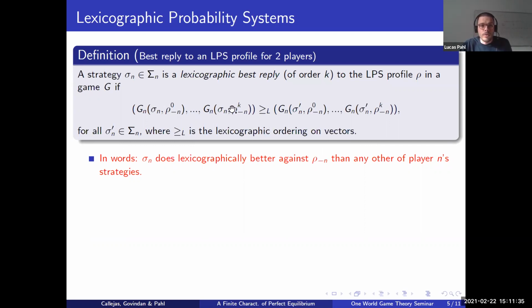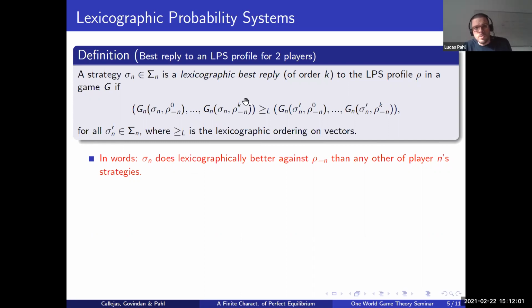So what are these vectors? You just compute the induced payoffs by the lexicographic profile with respect to sigma n and compare them lexicographically against the vectors induced by any other strategy. All right, so in words, sigma n does lexicographically better against ho minus n than any other of player n's strategies.